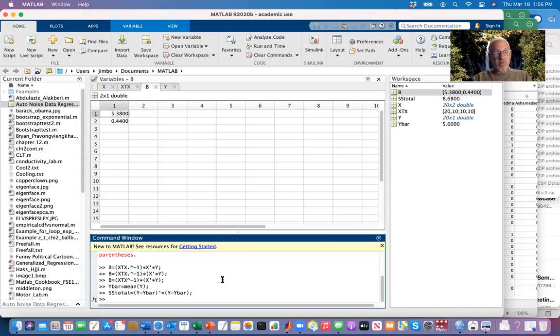Now we'll do the sum of squares regression. We have to calculate y hat first. We have to calculate our predicted values.